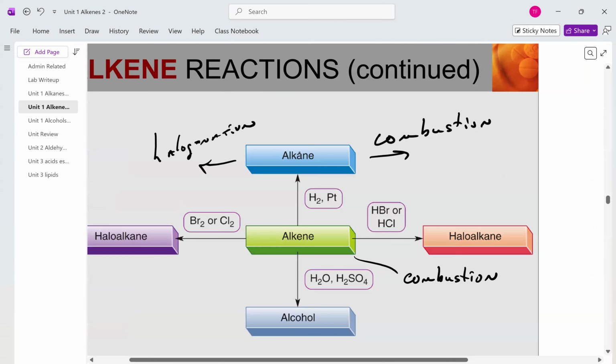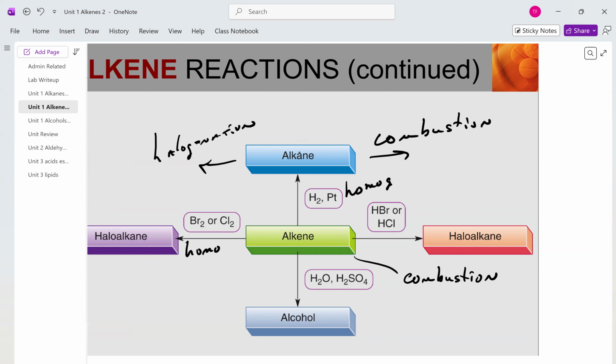So notice Br2 or Cl2, those are like. So that's going to be a homogenetic addition. H2, that's H-H. So that's, again, a homogenetic addition. Water is like this as it adds.